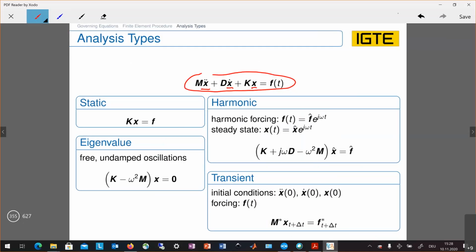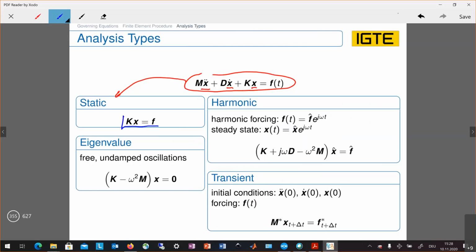Starting from this equation, we can perform a static analysis, which means that all time-dependent quantities are set to 0. So we just have to solve the equation that the stiffness matrix multiplied by the unknown displacements is equal to the right-hand side, which collects all the forces, volume forces, and surface forces. And that would be a static analysis.